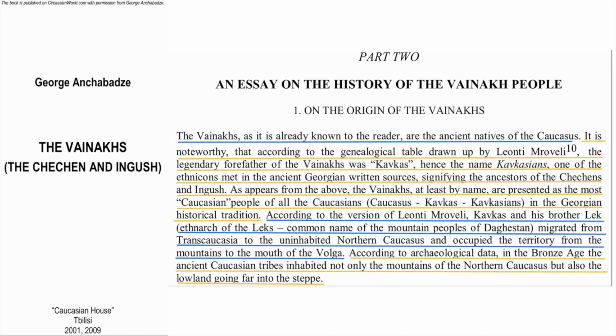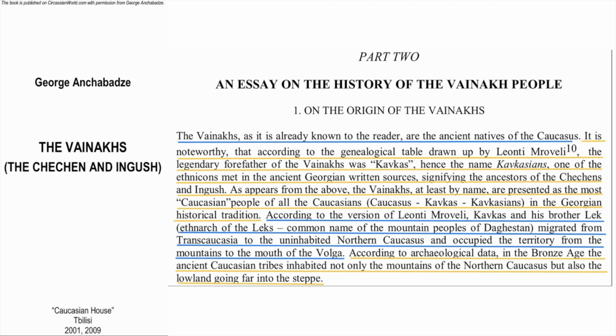I'm just going to read another source dealing with the connection between Caucasians and Togarmah. This is from The Veinakhs, the Chechen and Ingush. This deals with their genealogy, and it reads, the Veinakhs, as it is already known to the reader, are the ancient natives of the Caucasus.